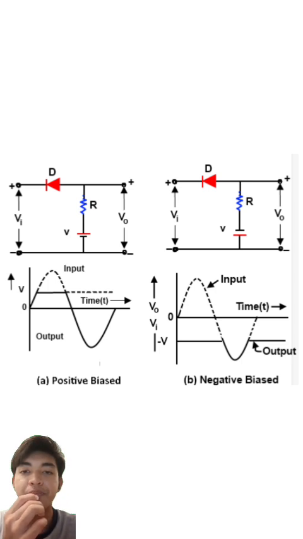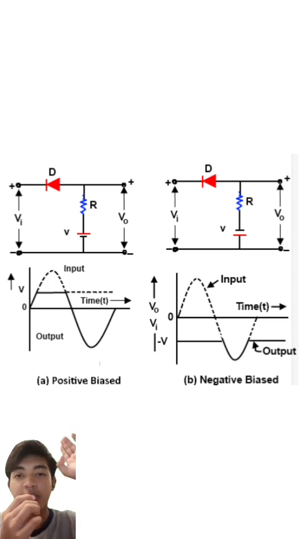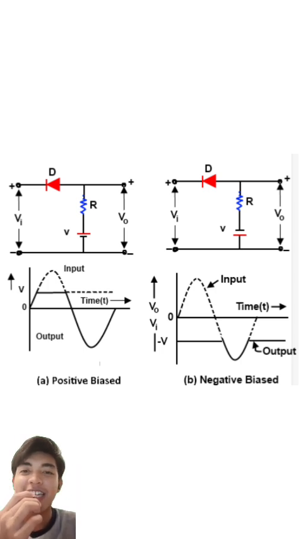Okay, now let's start with a positive clipper. In this circuit, you can see at my back, okay, a diode is connected in series or parallel in such a way that it clips the positive part of the input waveform.